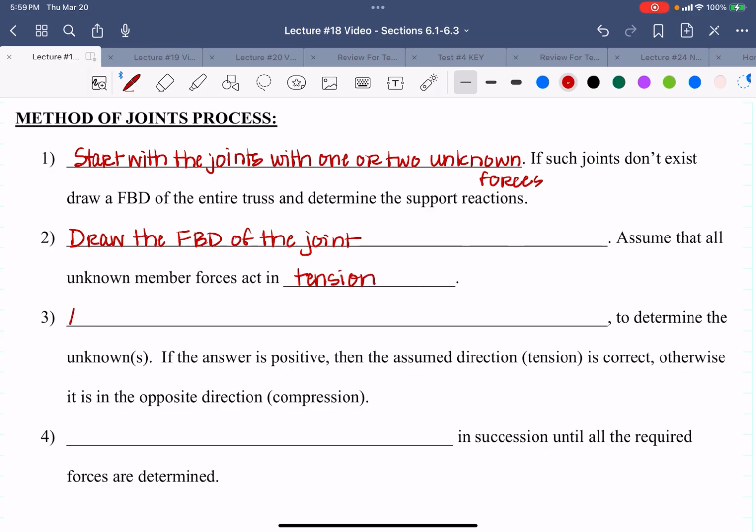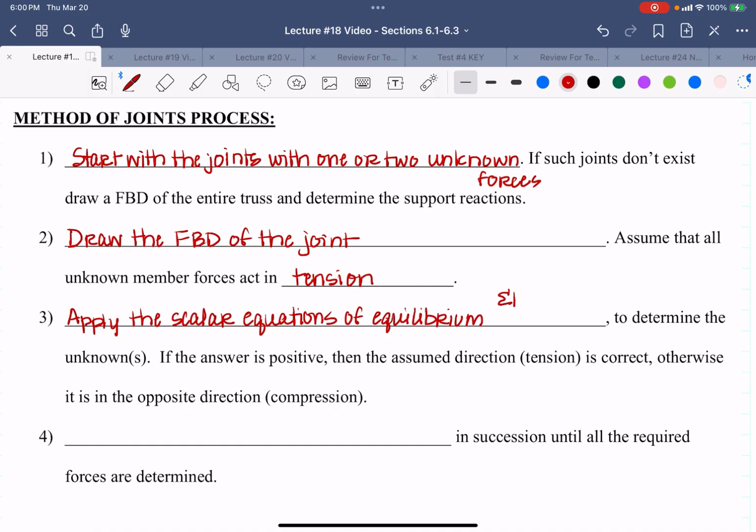Then we are going to apply the scalar equations of equilibrium, which are sum of the forces in the x equals 0 and the sum of the forces in the y equals 0.